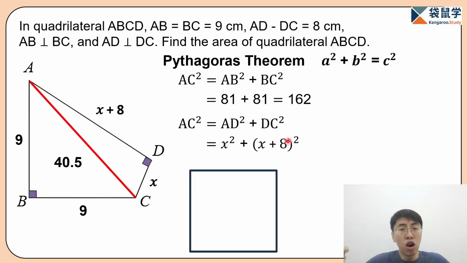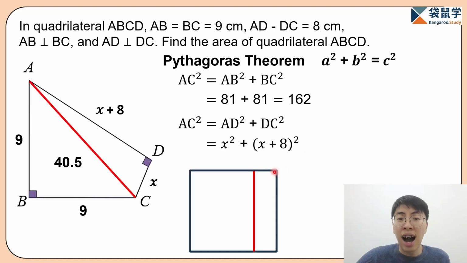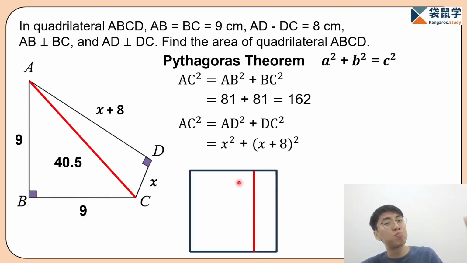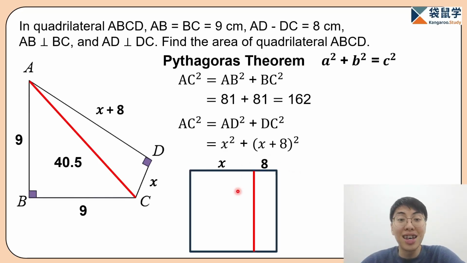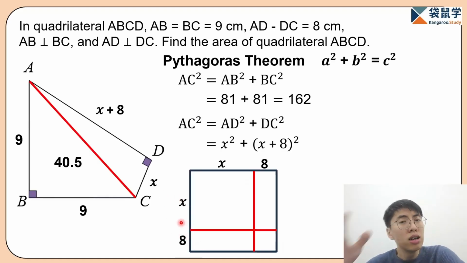And now, by adding a line over here, I can split it into x and 8 respectively. Similarly, doing it to the other side, which is the height of the square, I can do the exact same thing, splitting up into x and 8. Now, am I able to find each of those parts of the area?